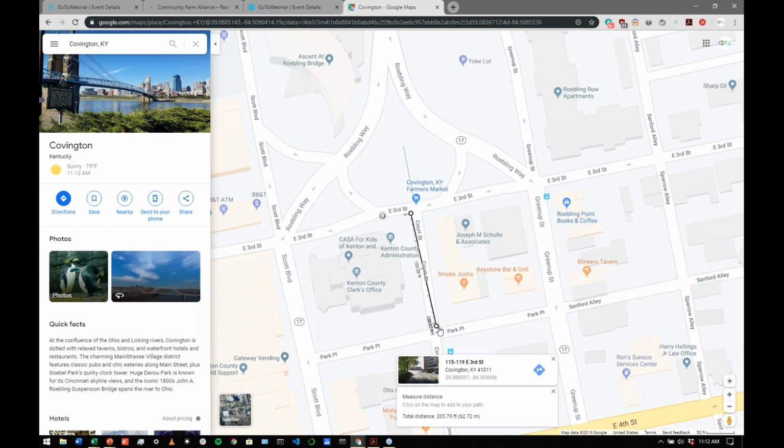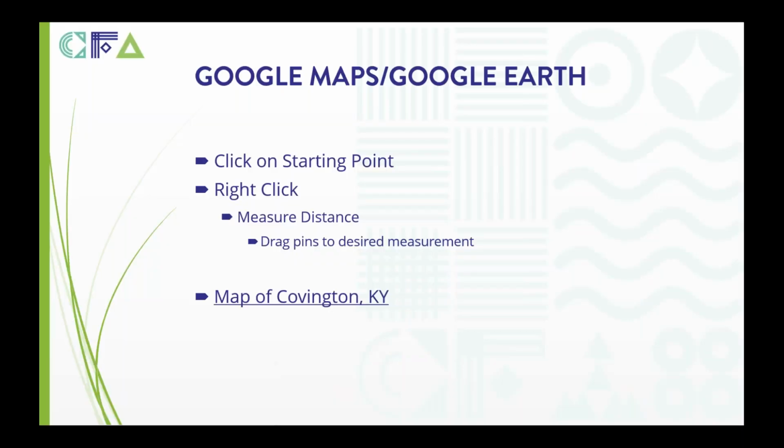So if this block was the size of the new location, you could get 40 tents in there. I know that wouldn't necessarily work for Covington because this is an important street with the Kenton County Clerk's office and all that stuff, but it's just a proof of concept. So that's a nice tool worth taking a look at.